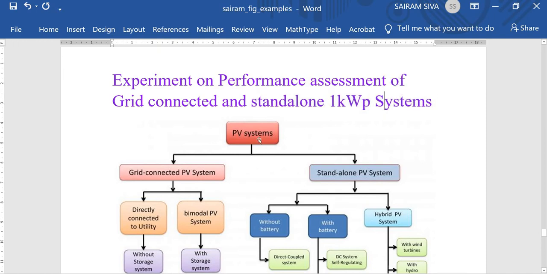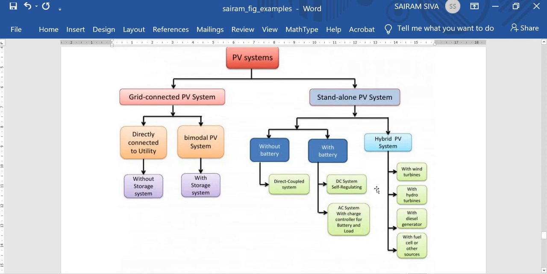So this is the PV system. We have subdivided it into two major categories: one is grid connected, another one is standalone system. The standalone system is further subdivided into with battery based system and without battery based system.